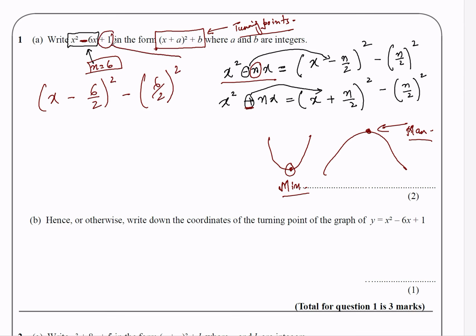Since we didn't apply the formula on this, the plus 1 stays the same. So we get (x minus 3) whole squared minus 3 squared plus 1, which is (x minus 3) whole squared minus 9 plus 1. Minus 9 plus 1 is minus 8. So (x minus 3) whole squared minus 8 is your answer. If you have any confusion, just let me know.